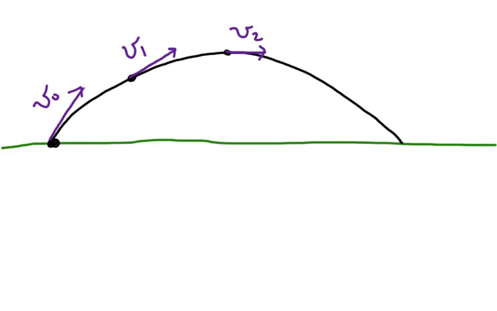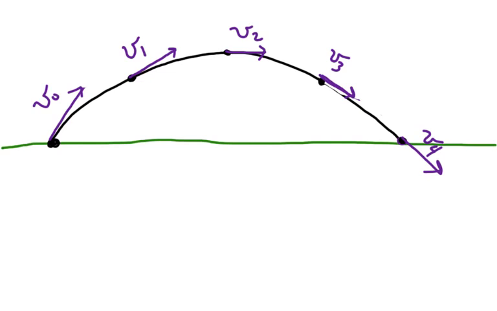Notice that it's only horizontal in direction. This next point, approximately halfway down, has this vector. And lastly, when the object hits the ground, it has this vector, which I'm calling v4.